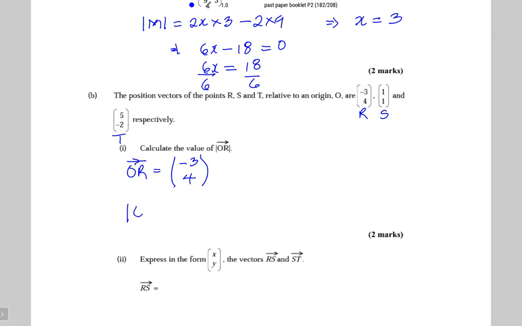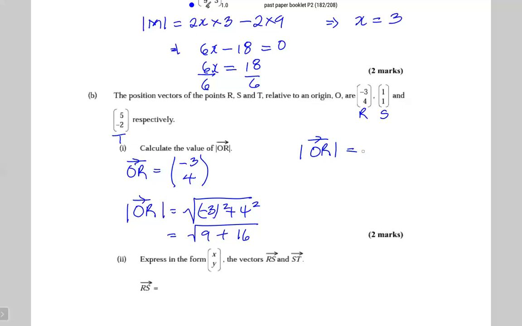The mod of OR would be the square root of -3 squared plus 4 squared. I think this is going to be equal to 5. So this is square root of 9 plus 16. And so the mod of OR would be equal to the square root of 25, which is equal to 5 units. So the mod of OR is 5 units.